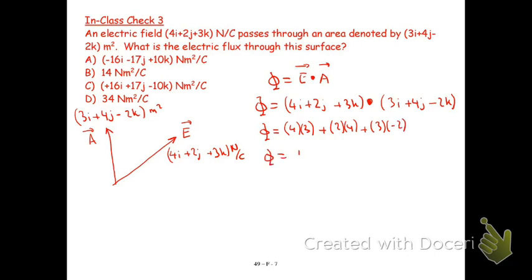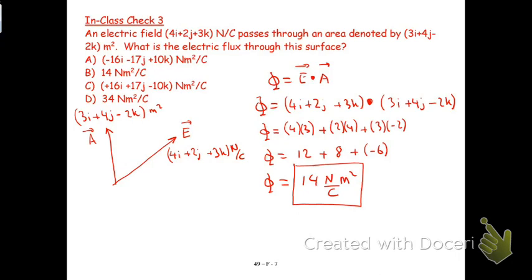So that flux is equal to 12 plus 8 plus minus 6, so my flux is equal to 14 newtons per coulomb meter squared. Notice, dot product is a scalar product. It cannot be a vector answer. It's been a while since you've done a dot product, so go back and review it. And while you're at it, review the cross product, because that's coming up again as well.